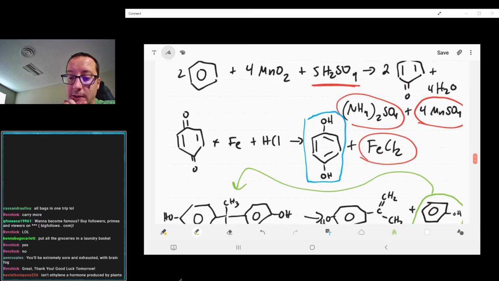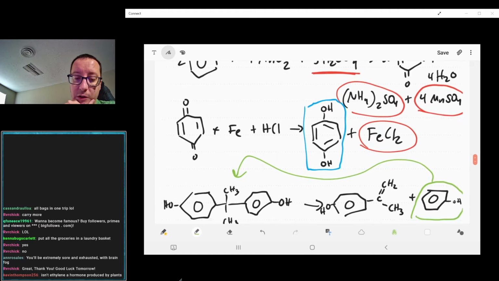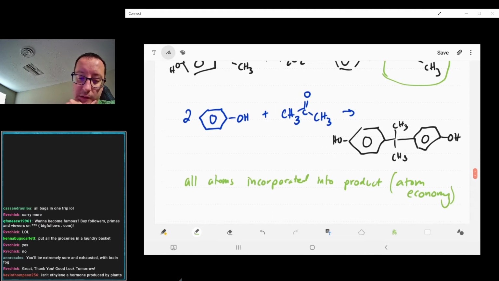It's recycled. We see in the red ones here, the circled red ones, those are all things that are not incorporated into our final structure. Those are all extra atoms that we're going to have to deal with some other way. And so that is not economical in terms of atoms. Notice we're also minimizing.